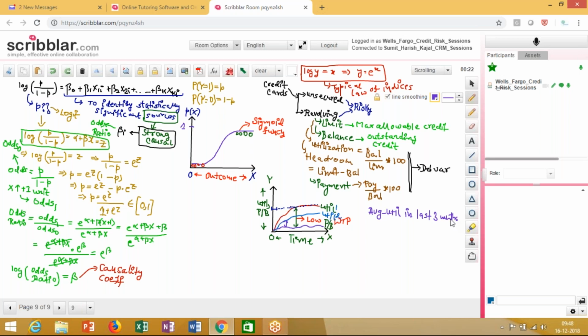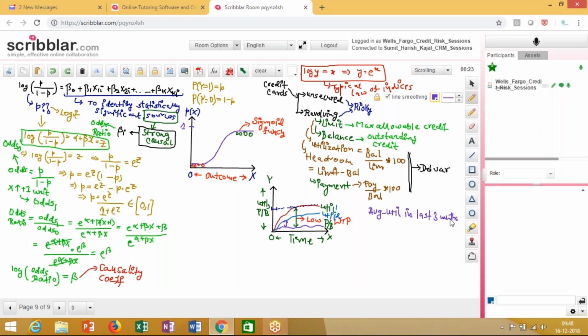Right? So average utilization in last 3 months. Now, when we say it's average utilization in the last 3 months, what do I mean by that? So it means that if I'm standing today, say it's December, I'm talking about the average utilization that this guy has had in November, October, September, right?